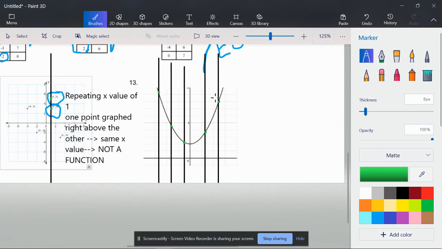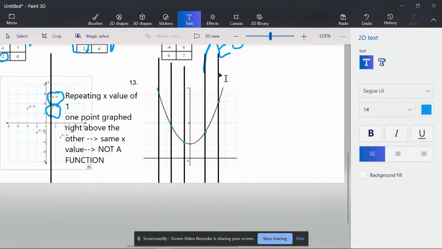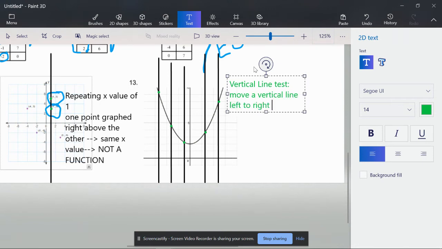Since this graph only crosses my vertical lines once everywhere, this means that it passes the vertical line test, so it is a function. So let's see if we can write this out a little bit. Let's use green. So the vertical line test is you move a vertical line left to right on your graph.